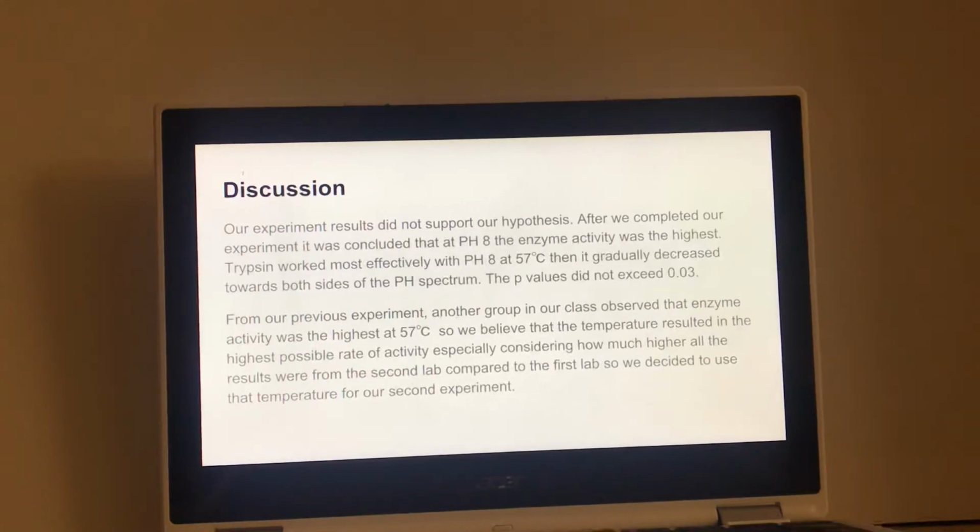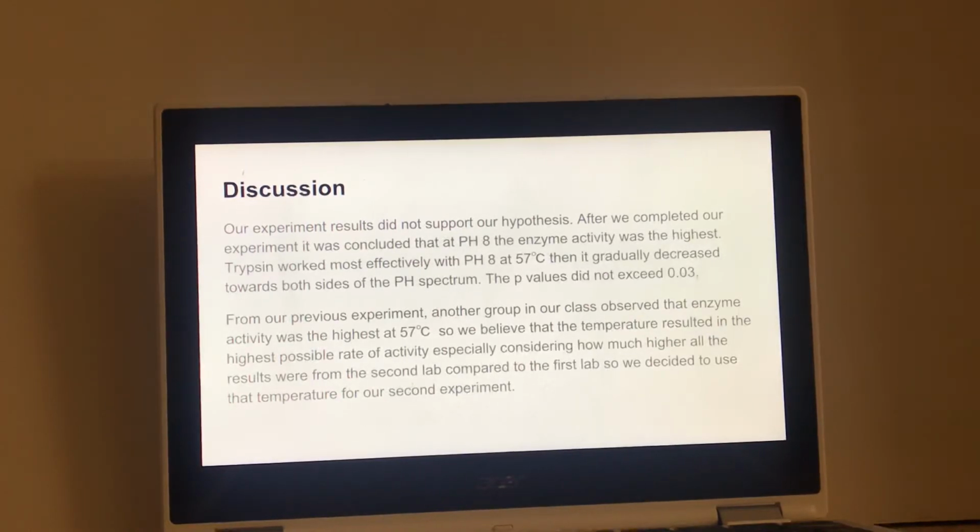Our hypothesis of a pH of 9 being the optimum was rejected, because it resulted to be pH 8. The t-test proved significant changes because our p-values were less than 0.05. Enzyme activity was diminishing slowly by about 25% as we keep going on each side.